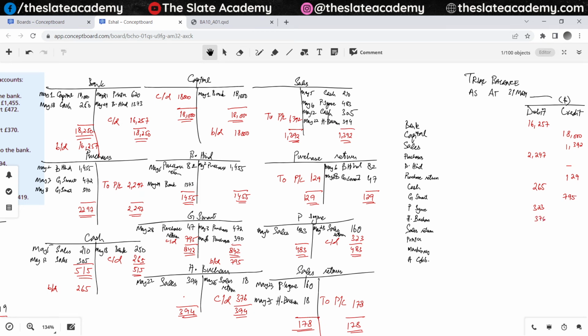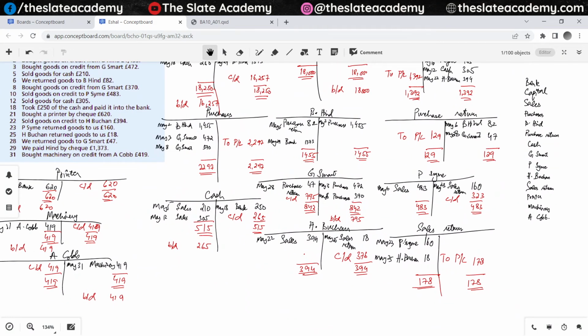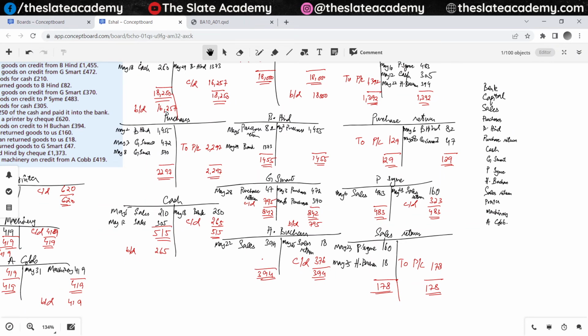Acha ji. Then I've got sales return. This would also be on the debit side, 178. Then I've got printer and machinery, both on the debit side, 620 and 419.